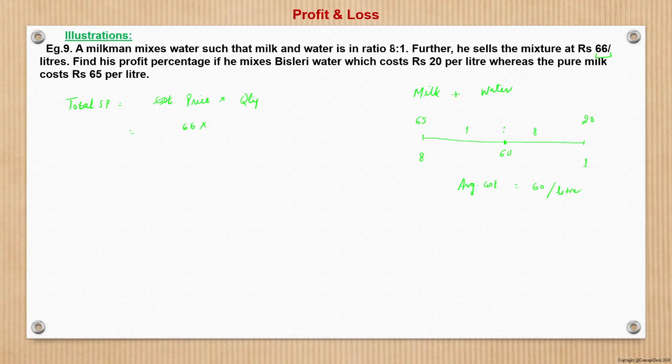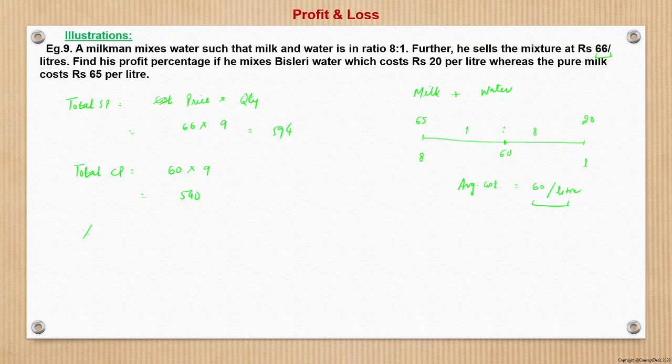Suppose 8 units of milk, 1 unit of water, so it is 9 units. And total CP: average cost becomes 60 per liter, and quantity again is 9 liters only, so it is 540, and here it is 594.